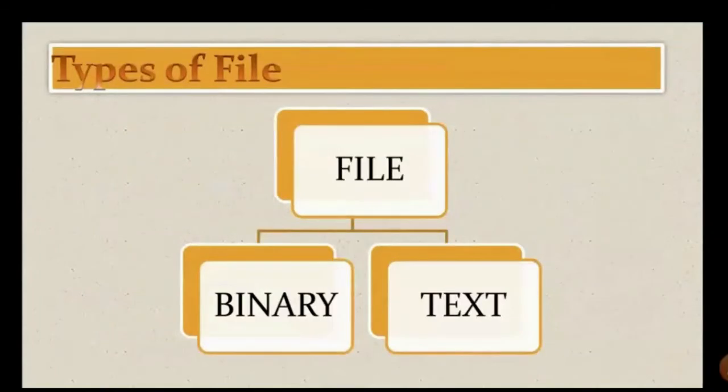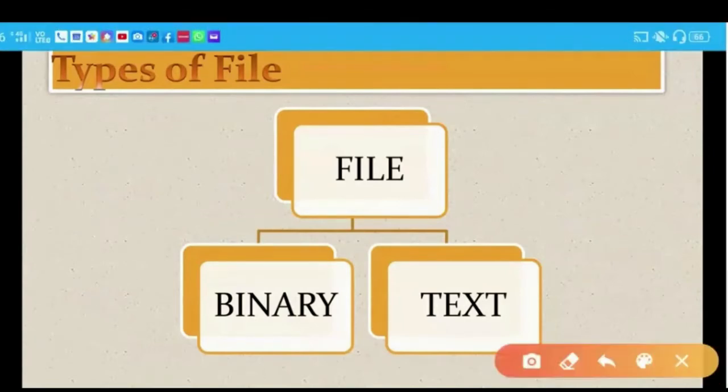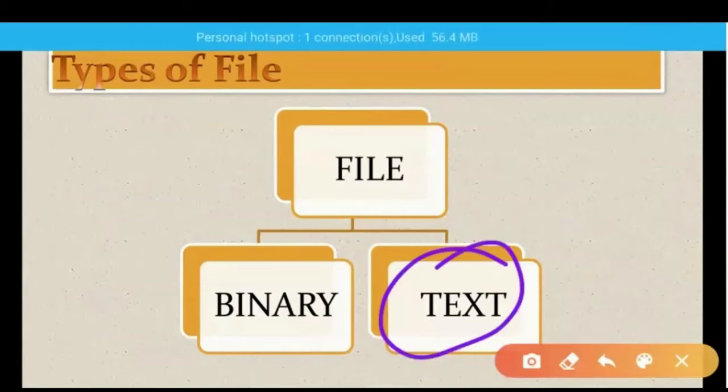There are two types of files in Python, or even in any programming language. The first is known as binary file, and the second type is known as text file. A text file is a simple file in notepad format that we create for ourselves.